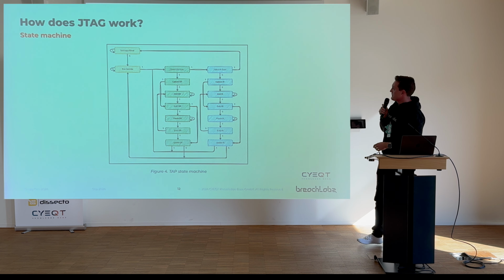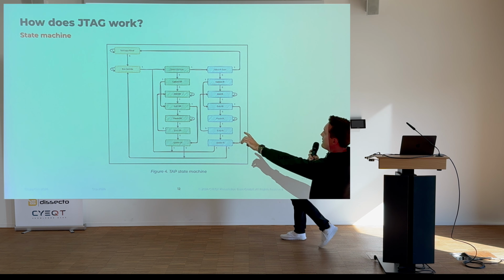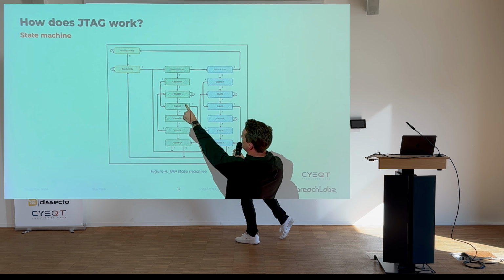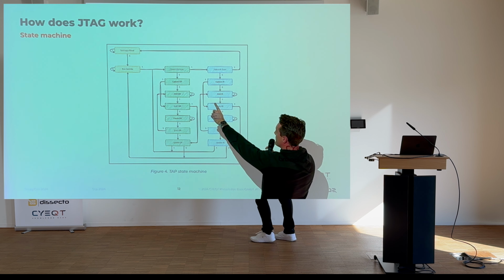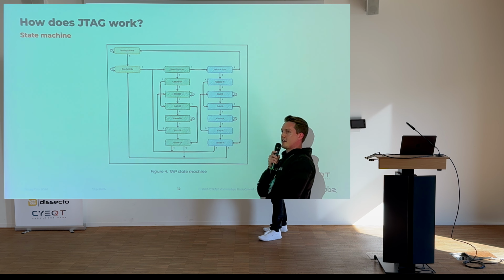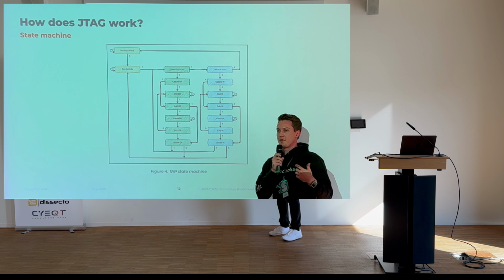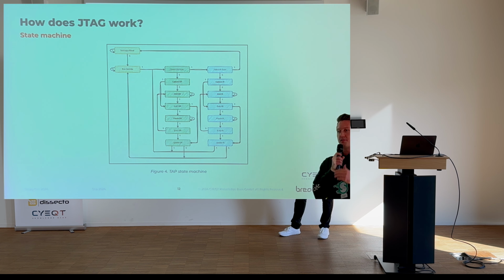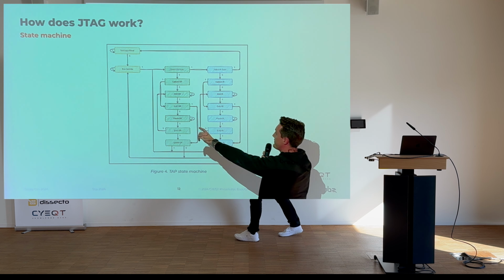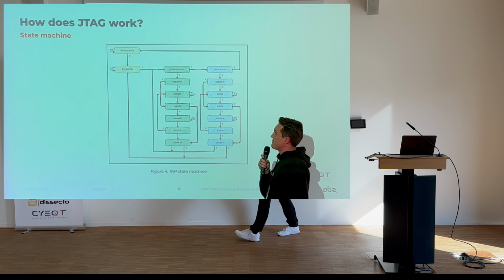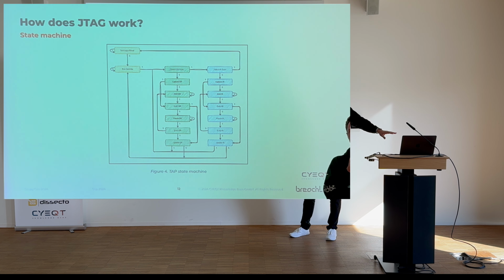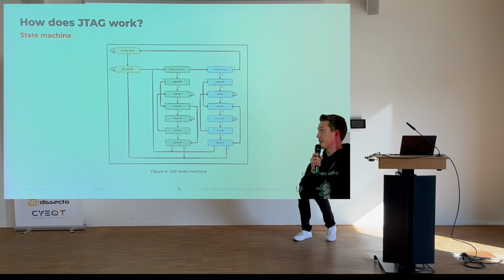Here we have a nice example of how this looks. You can see on the top left we have the test logic reset, and those little values that you can probably hardly read from the back are the values of TMS on a rising clock cycle. Test logic reset means we don't have any testing activated. This is in a default state.